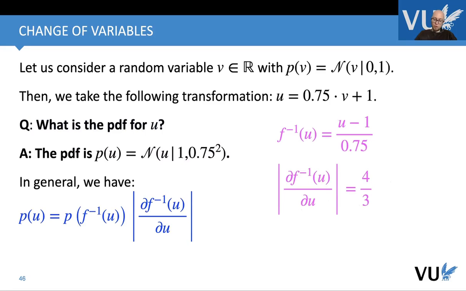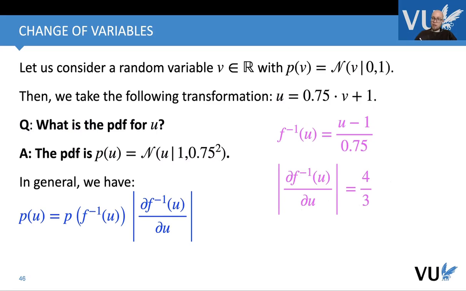If we take our example, f inverted of u gives us v, so that's why we can plug it here. In this case, this is u minus 1 divided by 0.75. Nothing special.